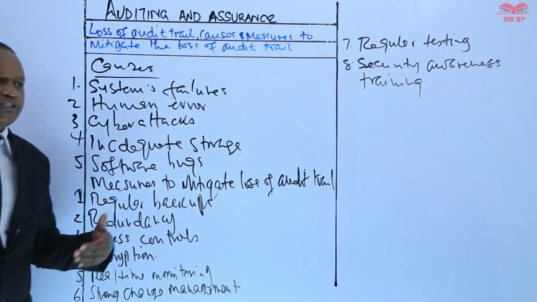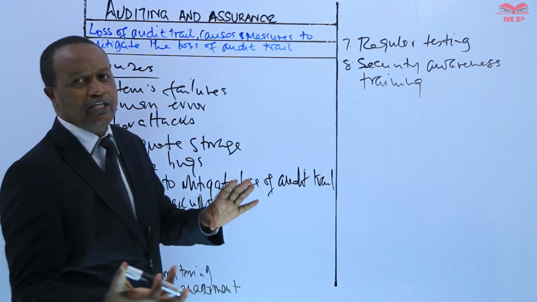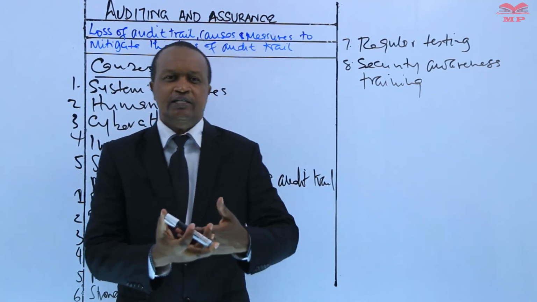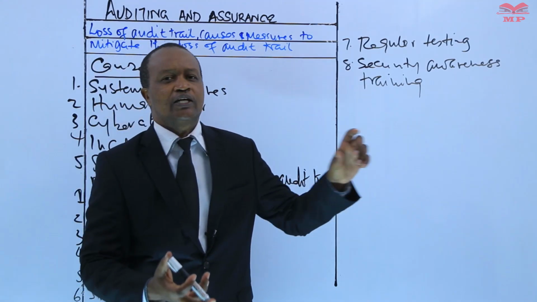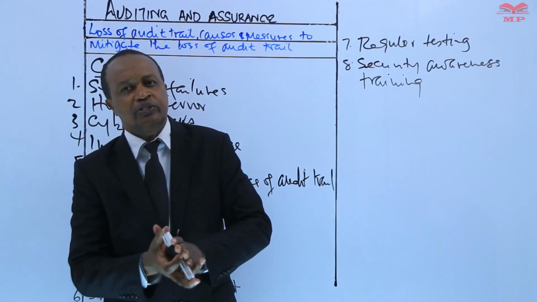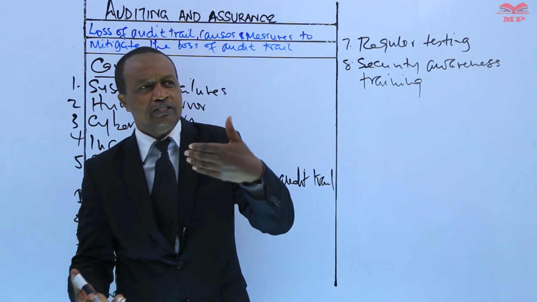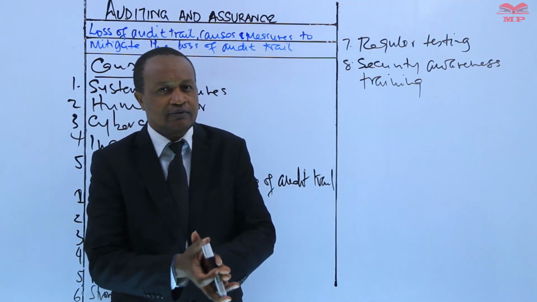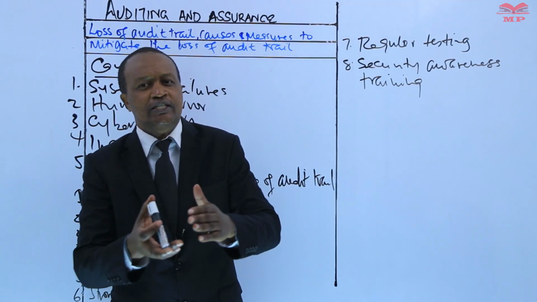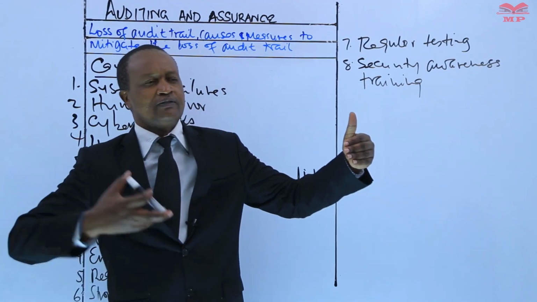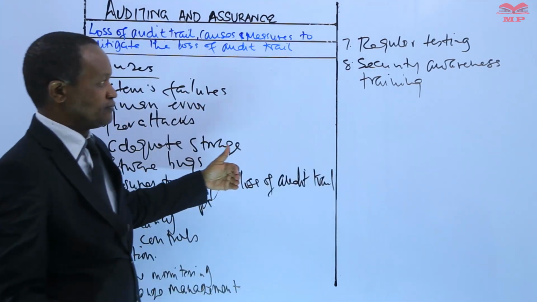The organization can train employees on the importance of audit trails and the potential consequences of their loss. This involves educating them about the risks of unauthorized access and also the procedures for reporting suspicious activities.